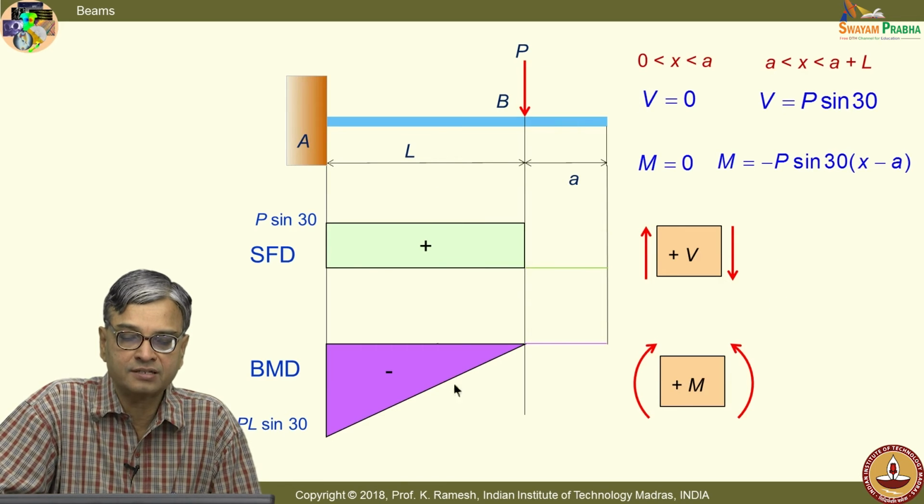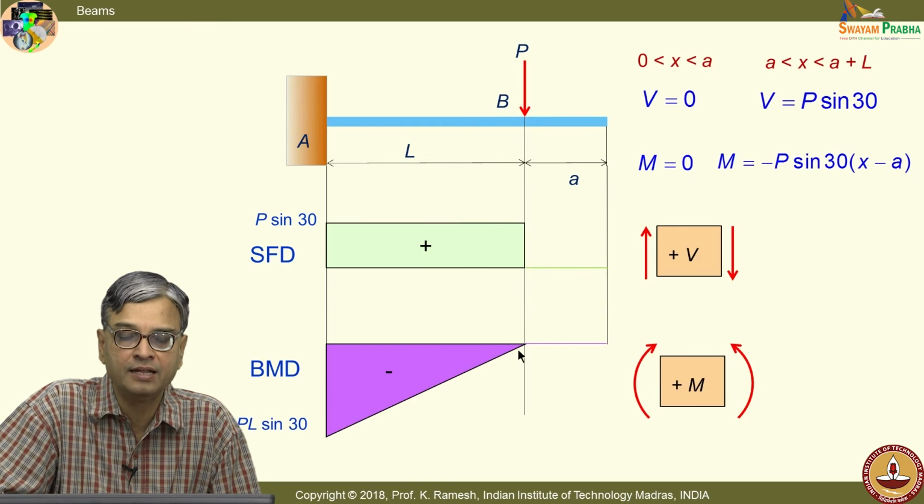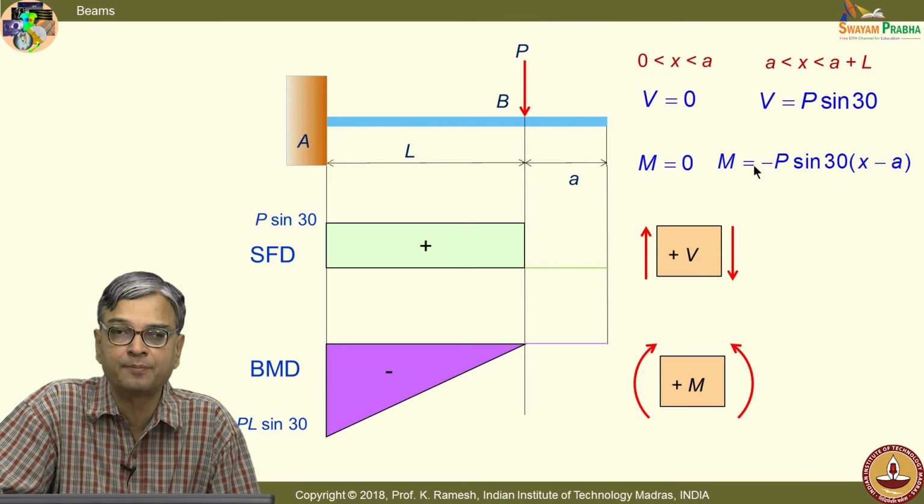I have repeatedly shown: draw the loading, shear force, and bending moment one below the other, always along with the sign convention. You can summarize your final results in a portion and then do it.